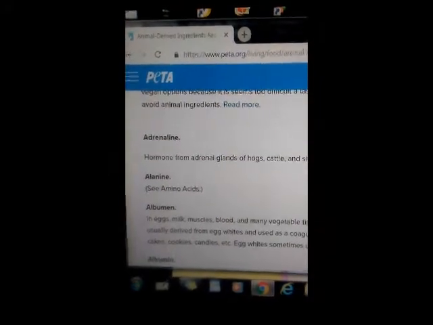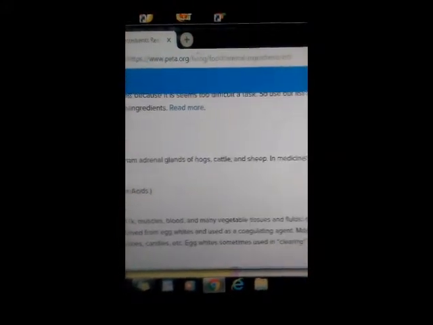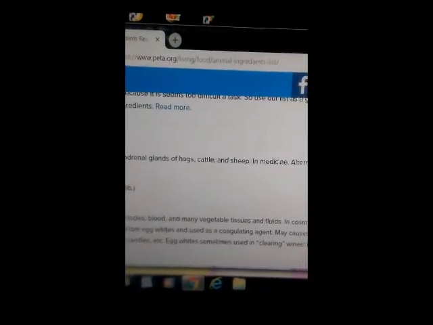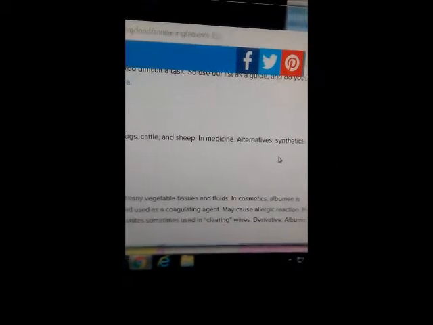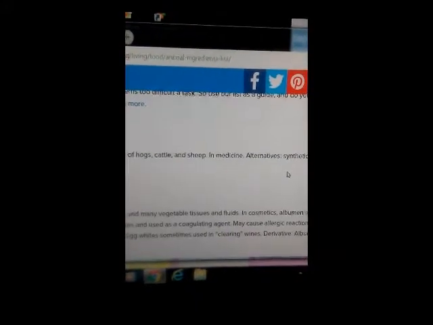Adrenaline is a hormone from the adrenal glands of hogs, cattle, and sheep. In medicine, the alternatives are synthetics. Now I personally do not recommend synthetics at all. There are natural alternatives. Their alternatives may not be legit, may not be exactly what should be recommended.